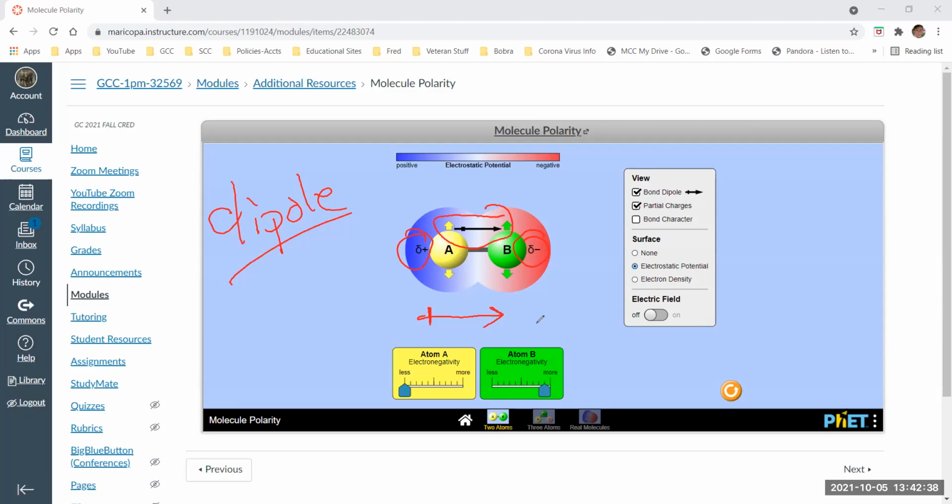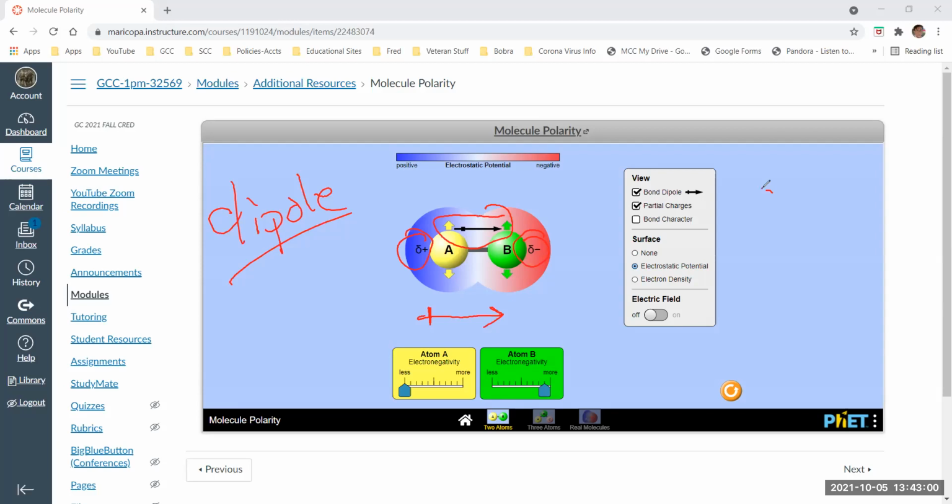We have created a dipole. Whenever you have a dipole in any bond, you have a polar bond, because you have a partial positive and a partial negative. As a general guideline, put this in long-term memory. I wish they would have used a different letter than B, but that's okay.